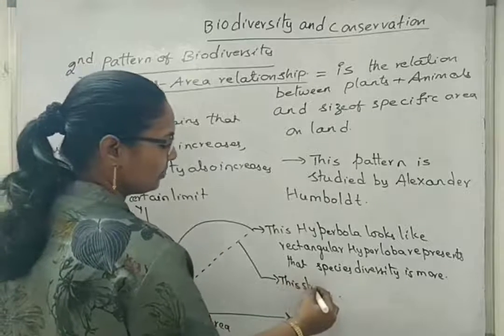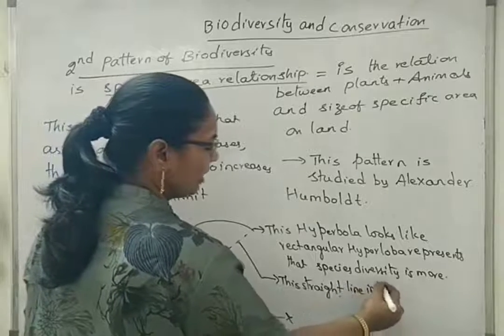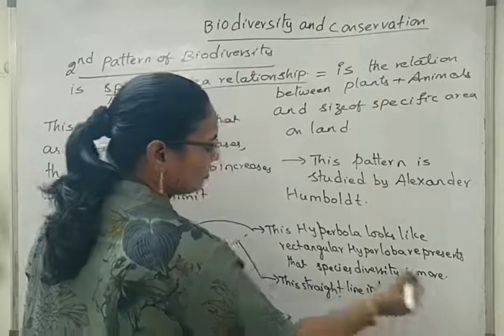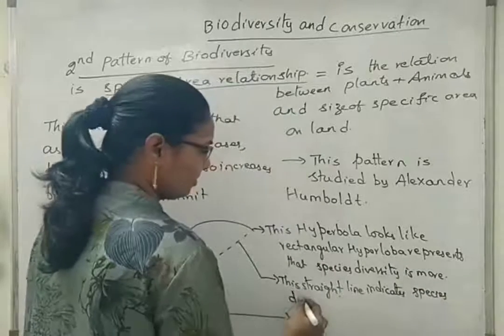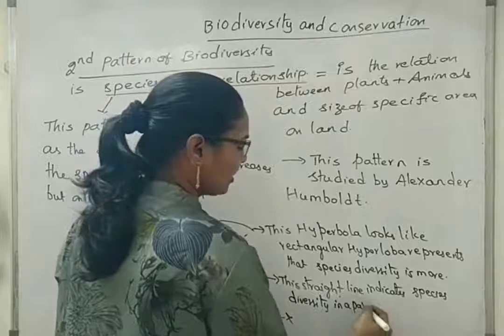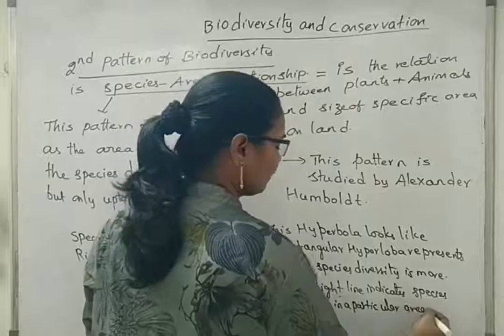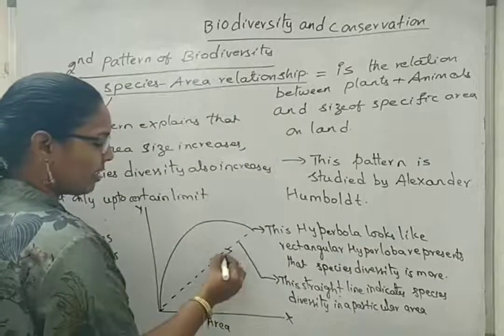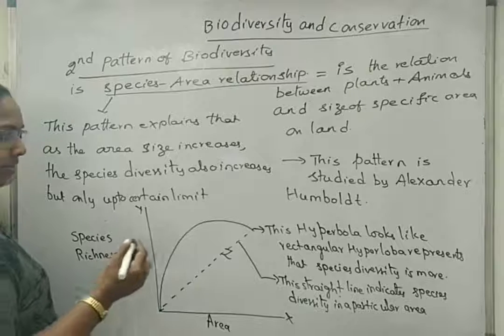This straight line indicates species diversity in a particular or considered area. So this is represented as Z. This straight line is indicated as Z.